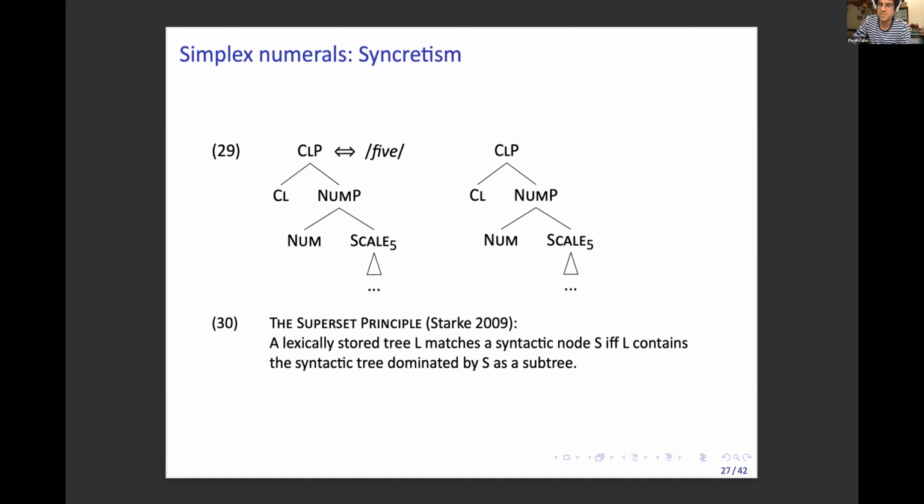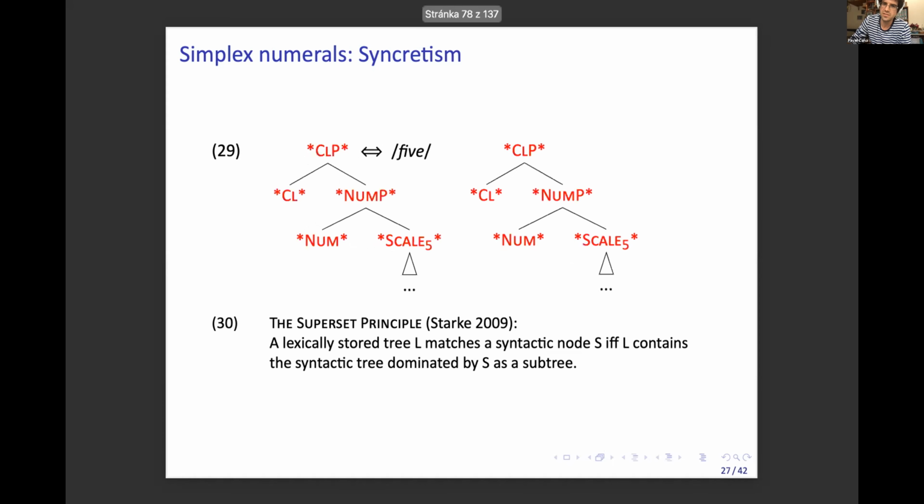When syntax produces something like this, it goes to the lexicon and asks, can I map this onto PF? And I can map this onto PF if a constituent like this is contained in the lexicon. And so here there is an identical constituent in the lexicon. And so yes, I can map this object onto the pronunciation 5.